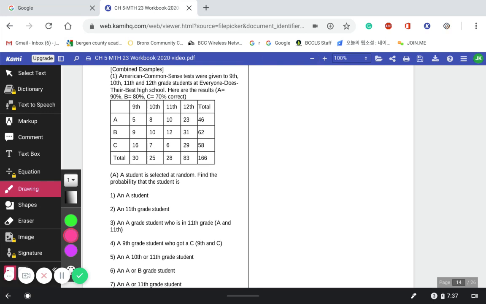Now a student is selected at random. Find the probability that the student is an A student. So the total number is 166. A student is 46. So it's a single event, right? So that should be 46 out of 166.